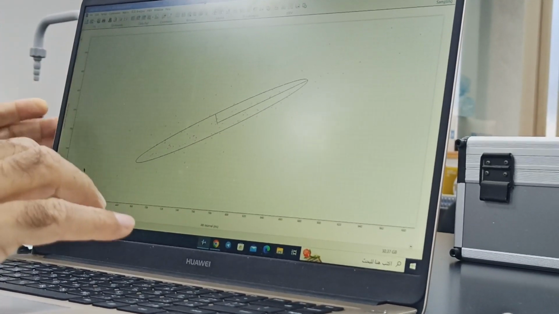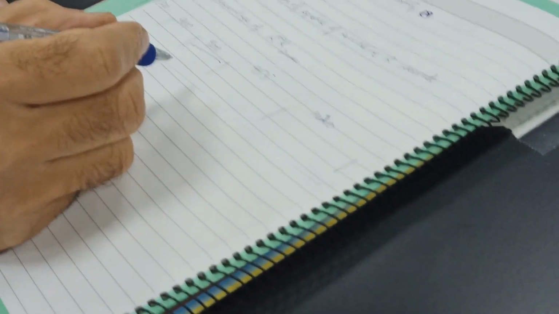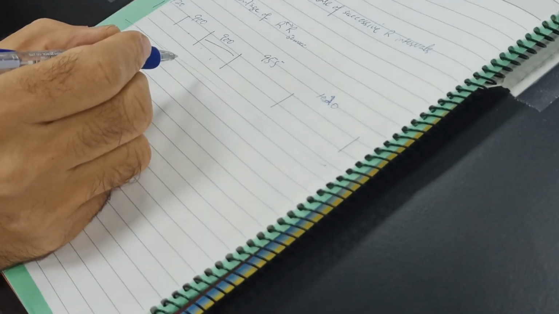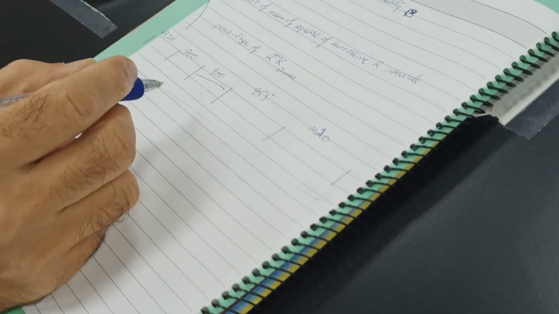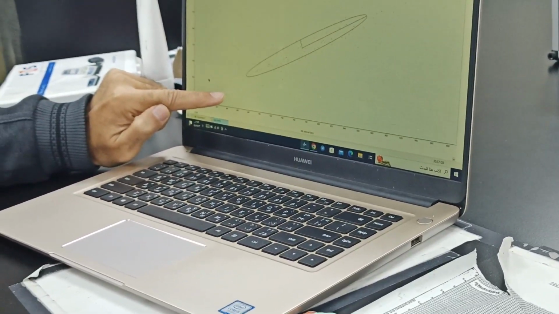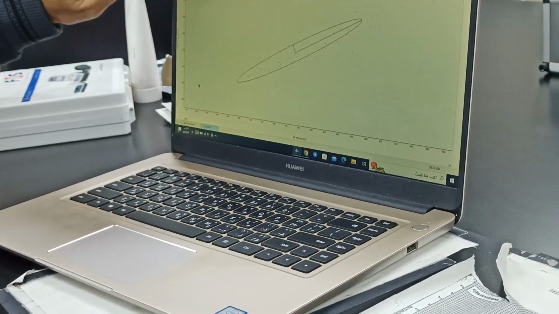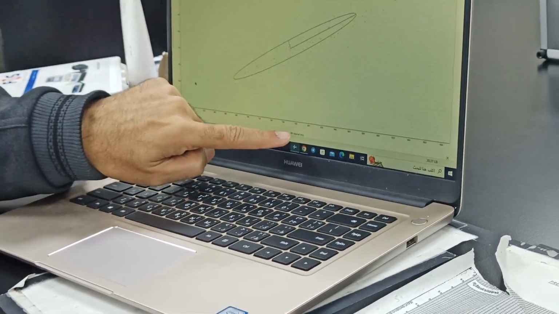What this is doing is plotting every R wave with respect to the previous one. See, this one is about 640. These are milliseconds, and these are also milliseconds. So what is written is RR interval.